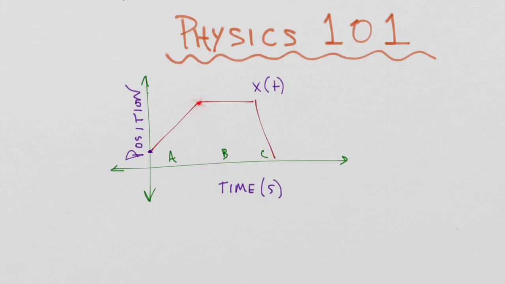Time is continuing, but the position is not changing. So hopefully you agree that the object, whatever object it is, has stopped moving. And then if I say what's going on for C, you would say that the object is actually going back closer to its starting position, and then it actually goes past it in the other direction.